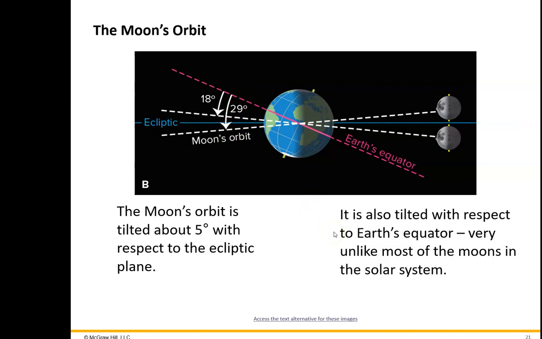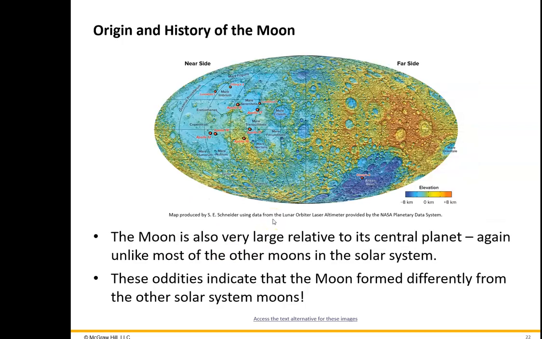Just to let you know, the reason that we usually concentrate on the 5 degrees is because the ecliptic is where the sun is, and when the moon crosses that, if it's new moon or full moon, that's when there are eclipses.